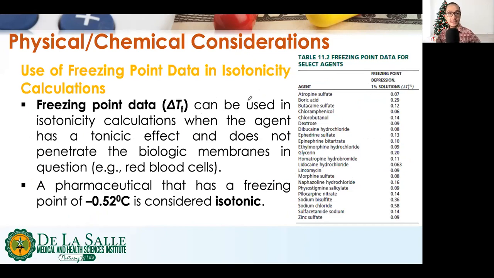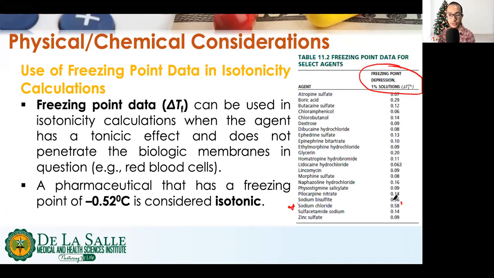Now, aside from the E value, we also have the freezing point data that can be used to determine the amount of sodium chloride to make isotonic solutions. Normally we have a table of values for the freezing point depression of 1% solutions of certain drugs, including sodium chloride.